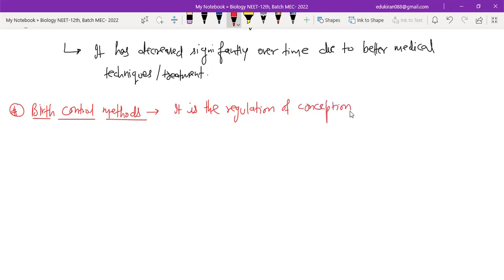What do we mean by conception? Fertilization. Conception is fertilization or conception of pregnancy. You have heard the word conceiving, right? A female conceives.